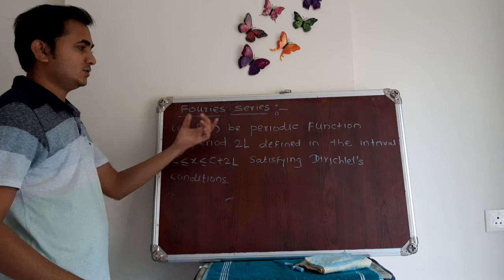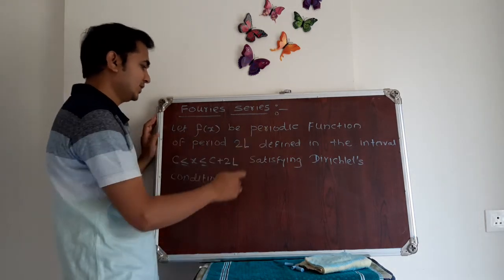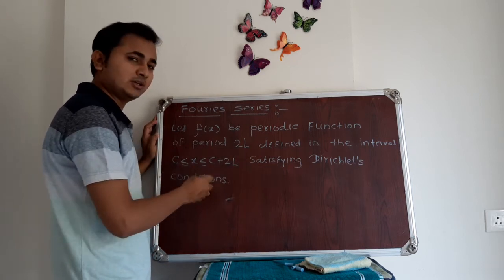So everything we have discussed: what do we mean by periodic function, what are Dirichlet's conditions, everything we have defined.